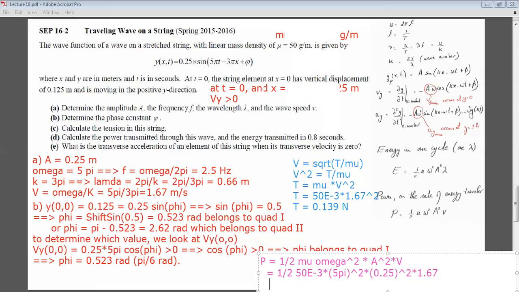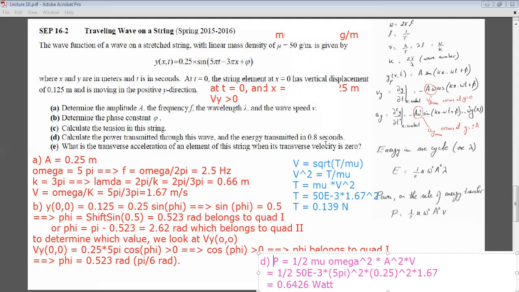You just use the calculator and you will get the power to be 0.6426 watt. This is part D.